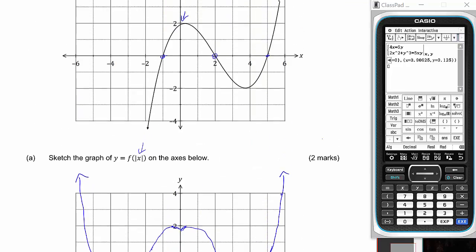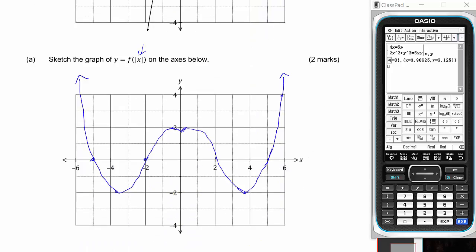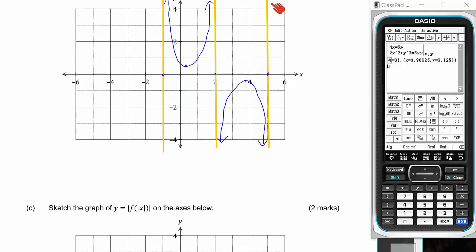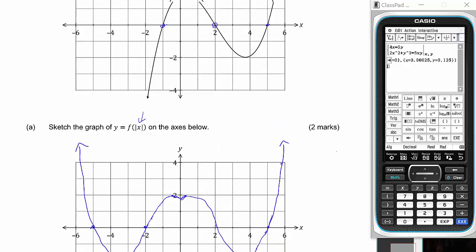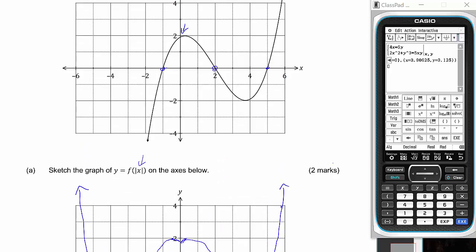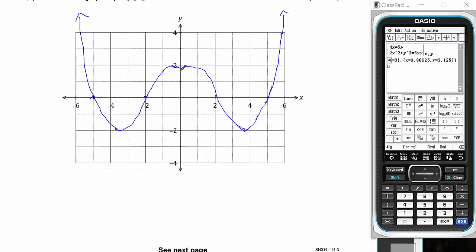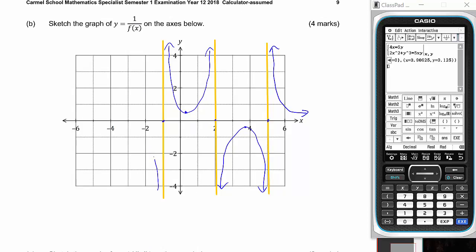And then we've got a bit on this side of the curve, which is going to do that sort of thing. Now, over this side, it's going to do that sort of thing. So that's it.